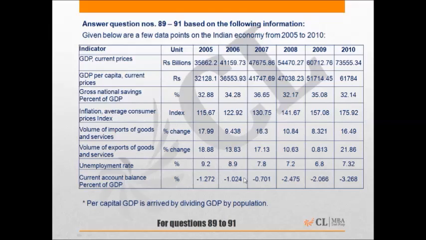In 2006 it was 8.9 and current account balance percentage of GDP in 2010 is minus 3.268. So it is quite easy to understand the table and the figures given in it.